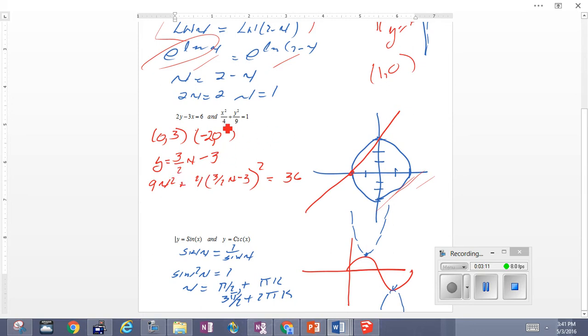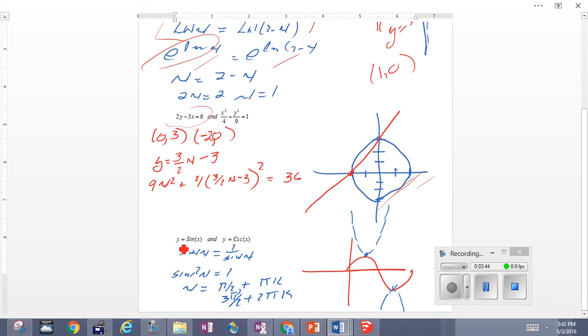So if you redefine the line in slope-intercept form, y equals 3/2 x plus 3, plug that in, do a little algebra, I'm sure that you should be able to come up with those. In fact, I would ask that you do that. Those x values, mainly 0 and negative 2, which of course would then give you the corresponding y values. Okay, so I would suggest you do that.